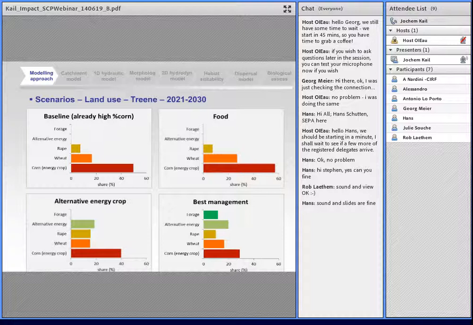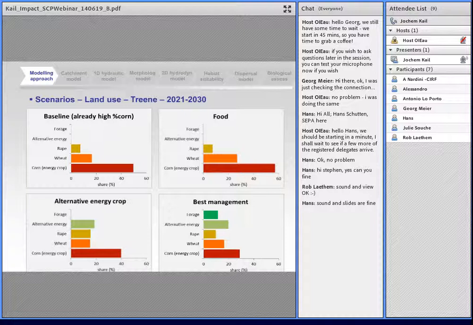In addition, we had some land use scenarios which were developed by one of the partners, and it's important to note that in this specific catchment of the Träne, we already have a very high share of corn as an energy crop in the baseline scenario. And we had then 3 different land use scenarios.